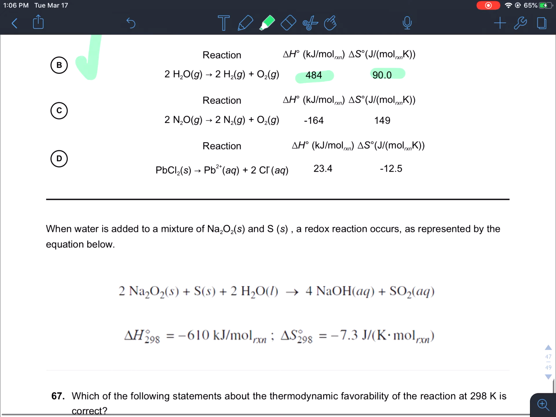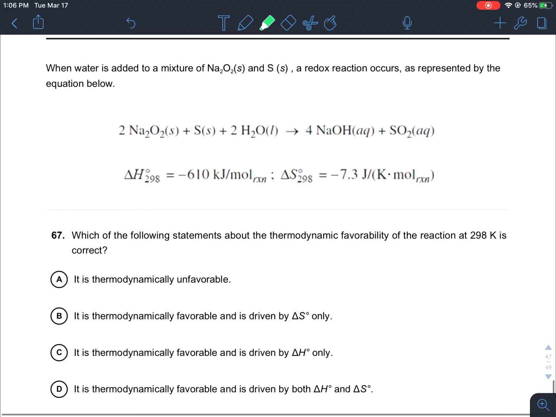All right, number 67. When water is added to a mixture of NaO2 and S, a redox reaction occurs as represented by the equation below.